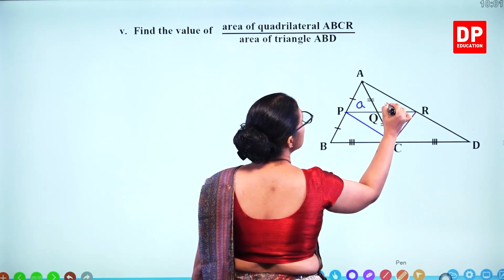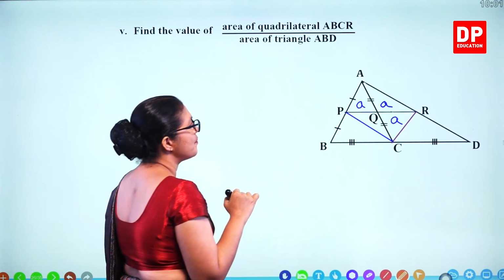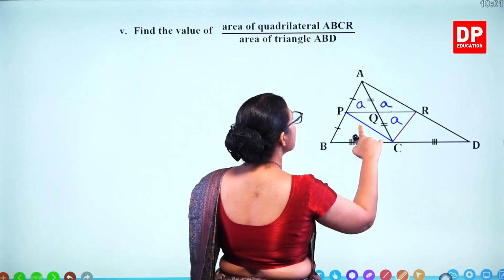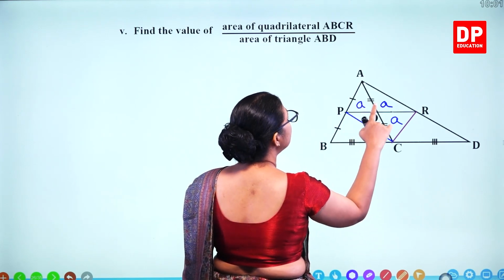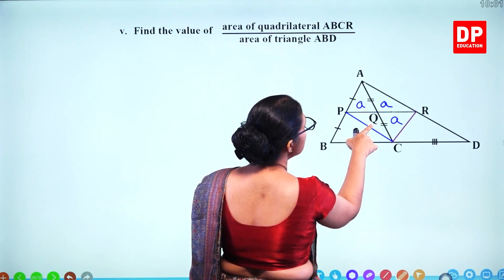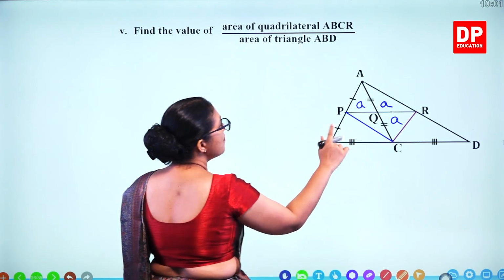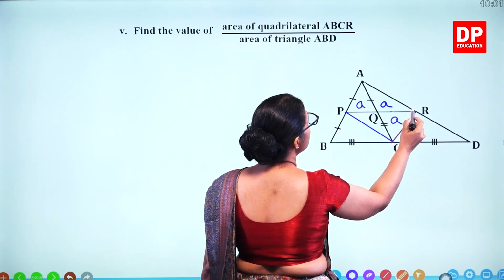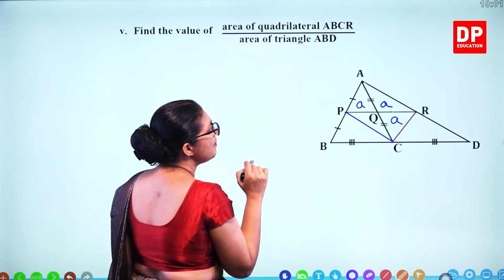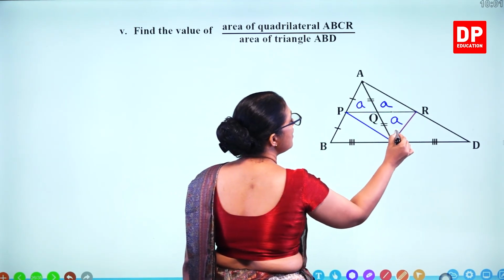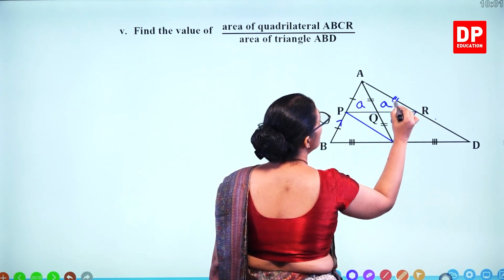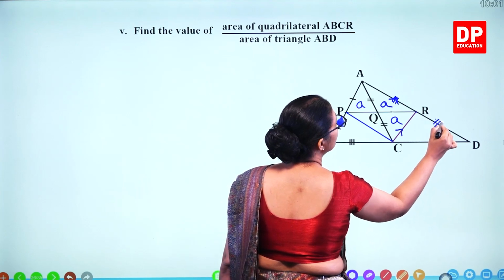So this is also A. Then think about this triangle. Now we found out this is A. Same line here. So according to the midpoint theorem, this is parallel to this one and this is also equal to this one.